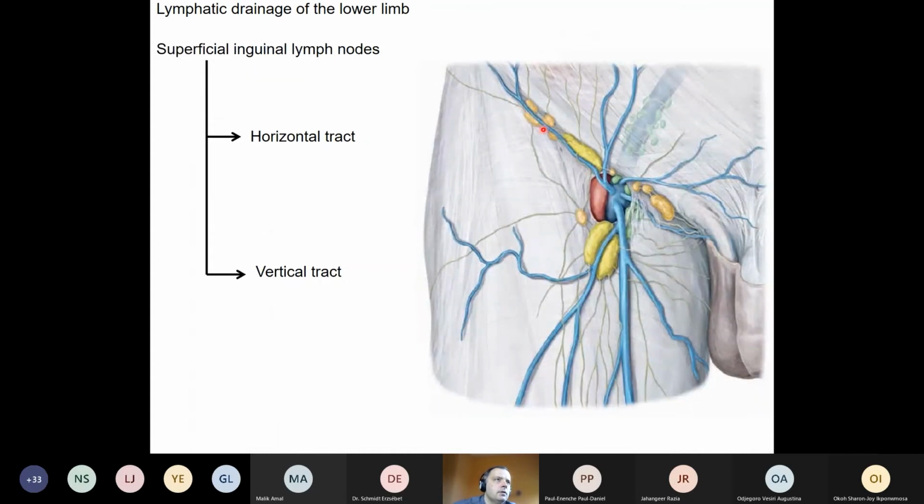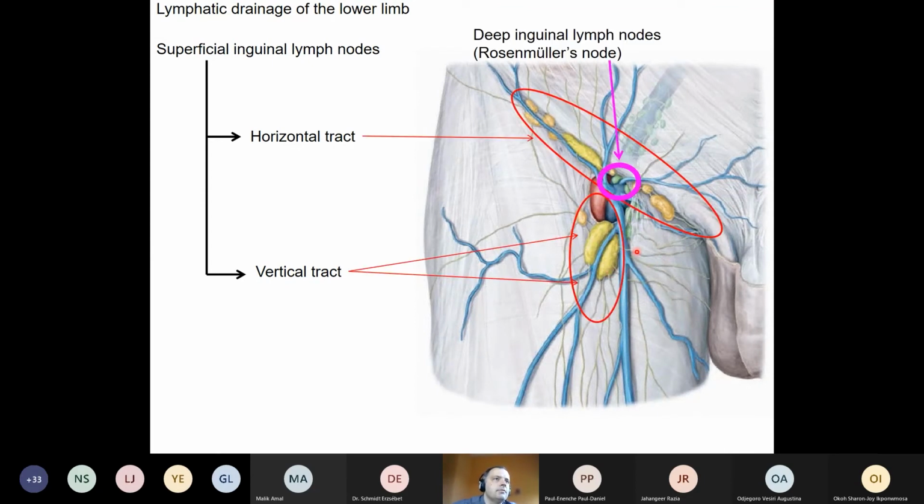One can divide the inguinal lymph nodes into a superficial and a deep group, and the superficial one has a subgroup that is along the inguinal ligament. This is called the horizontal tract, and along the greater saphenous vein one can define a vertical tract. The lymph fluid goes from these superficial lymph nodes into the deep ones, and this deep lymph node group is the deep inguinal lymph nodes, called Rosenmüller's lymph node, which is the final one on the free part of the lower limb.